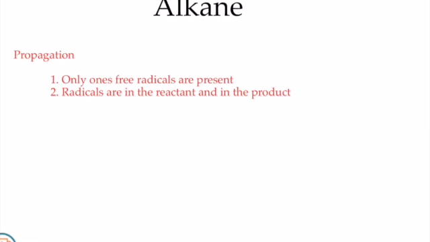The second step is propagation. This only occurs when you see the free radicals present. Radicals are in the reactant and in the product, so it's easy to identify. For the DAT, they will only ask you to identify which of these reactions represent initiation, propagation, or termination.